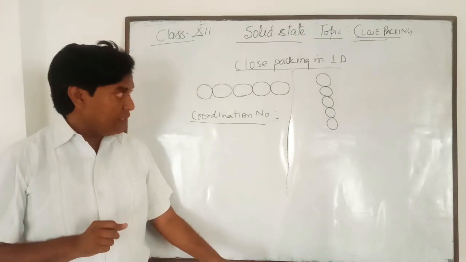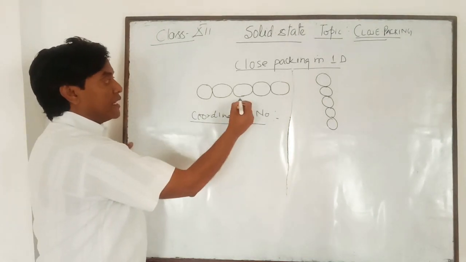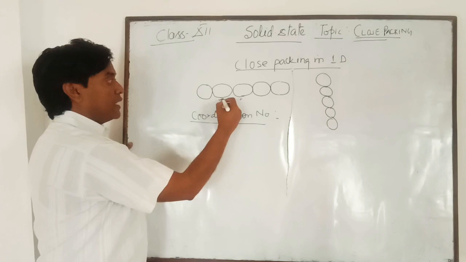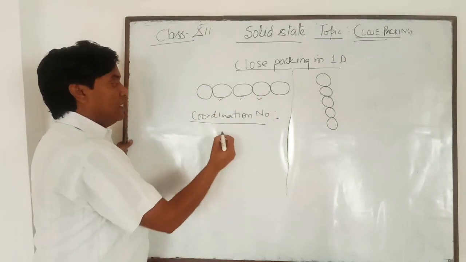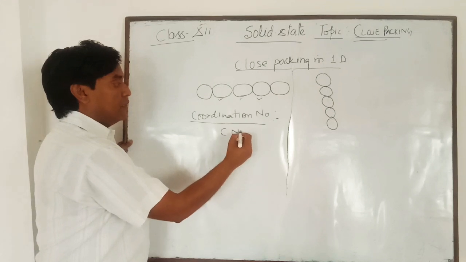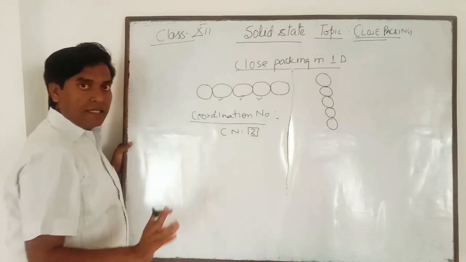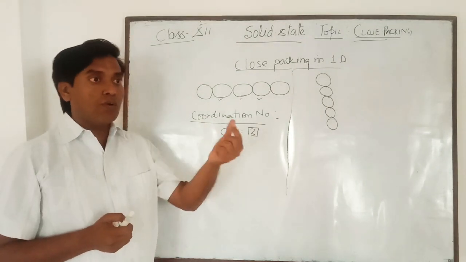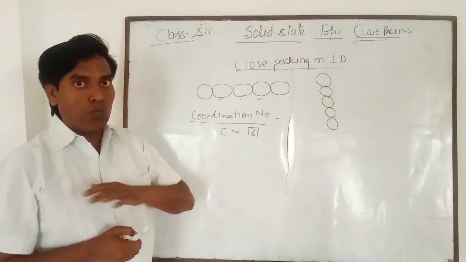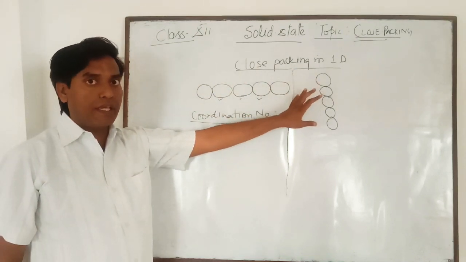But you see in one dimension, these are the spheres. It is touched by two particles. Here two spheres. That's why the coordination number in one dimension is 2. Is it clear? So if spheres are arranged only in one row, either horizontal or vertical, then that type of packing is known as one-dimensional packing.